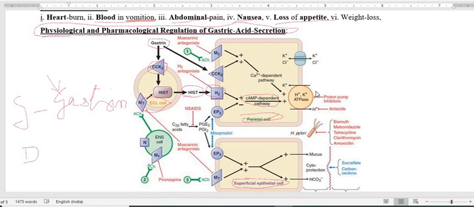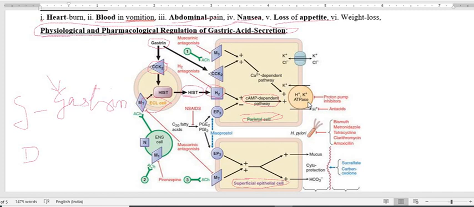So histamine activates the H2 receptor, and because of this activation, cyclic AMP gets formed, and this cyclic AMP activates the enzyme hydrogen ion potassium ion ATPase.